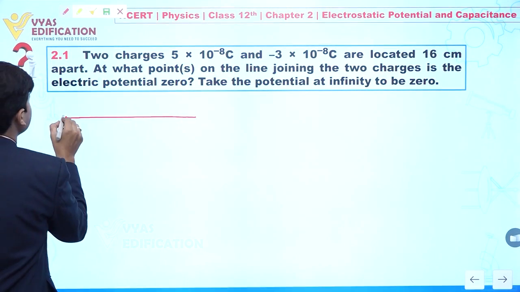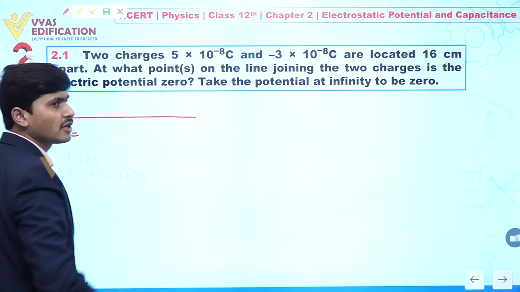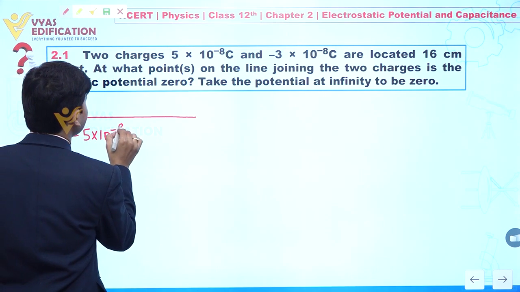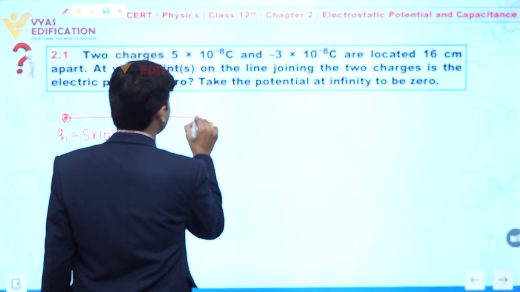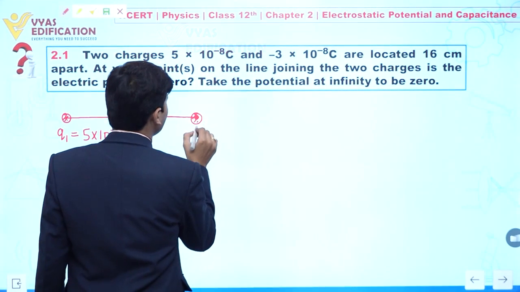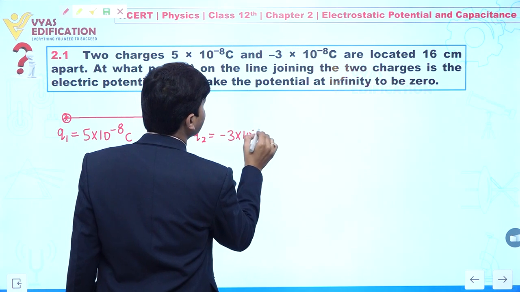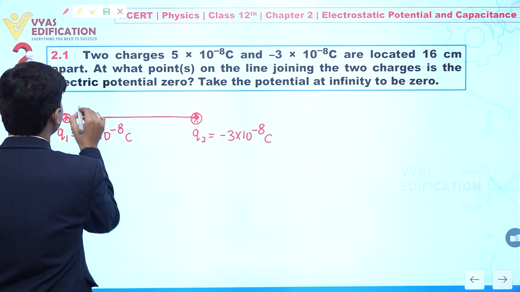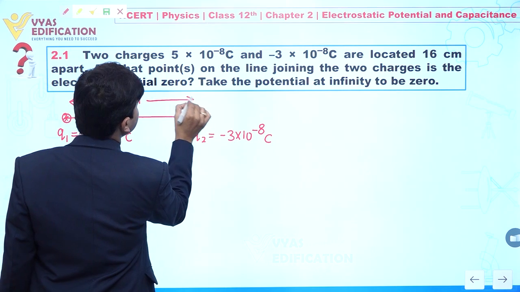Let's suppose the first charge is placed at this point and its value is 5 into 10 to the power minus 8 coulomb. And the second charge is Q2, and its value is minus 3 into 10 to the power minus 8 coulomb. It is located 16 centimeter apart, which means this distance is 16 centimeter.